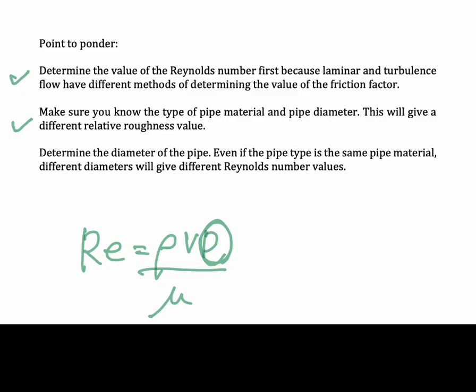The third one is determine the diameter of the pipe. Even if the pipe type is the same pipe material, different diameter will give different Reynolds number value. So this is the idea of the major loss. I hope students could know how to find the friction factor from the Moody chart.